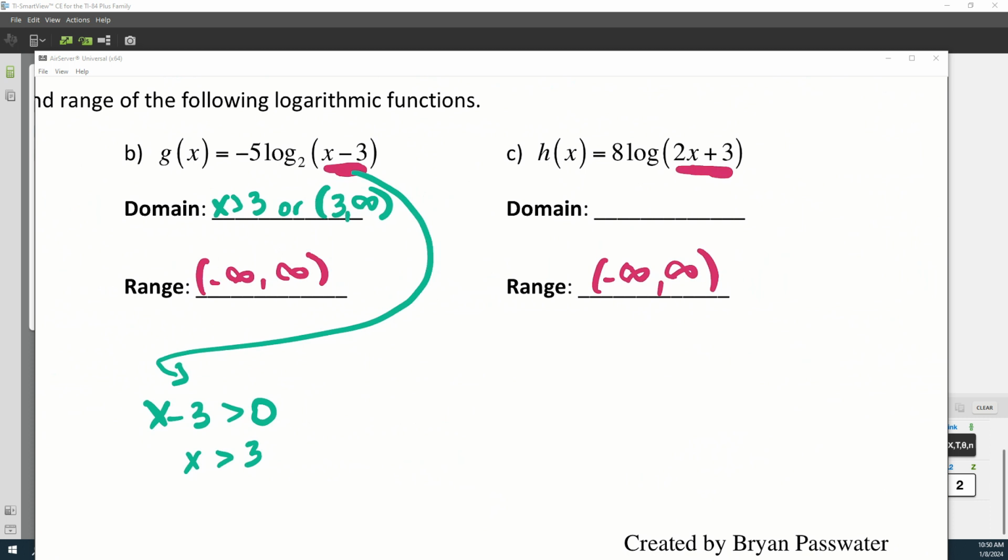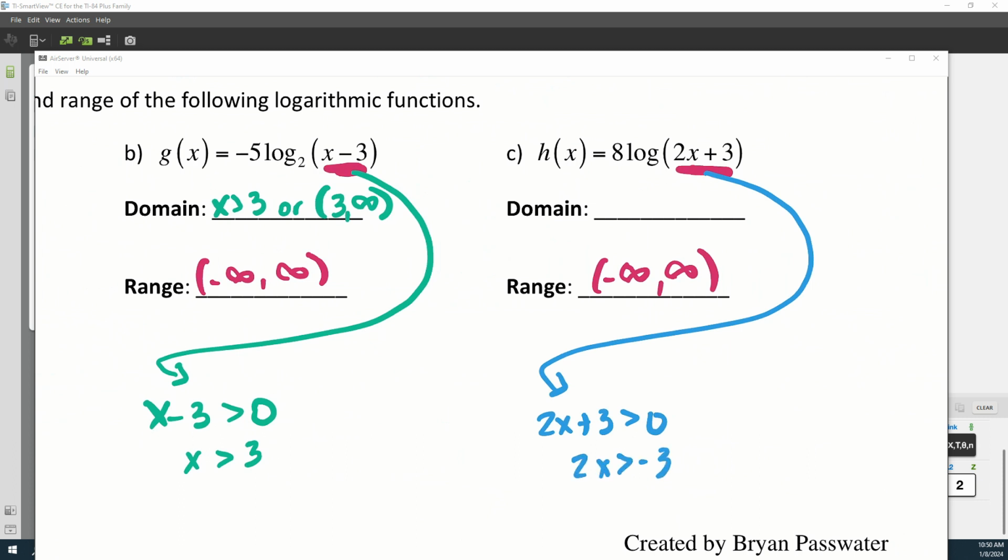Okay. So if there's something added or subtracted to your X in your argument, then you need to take that and say that whatever that argument is greater than 0. And then do whatever you have to do algebraically to solve that for X.